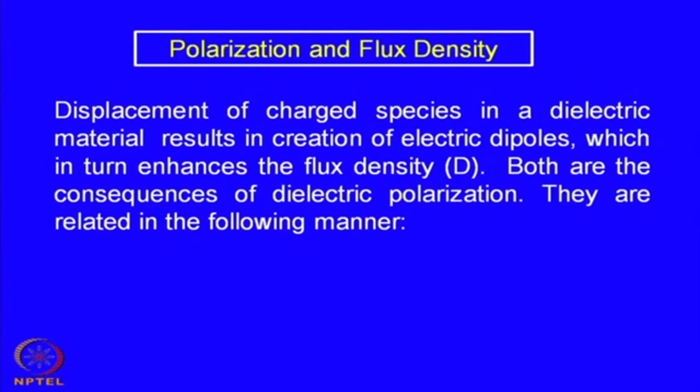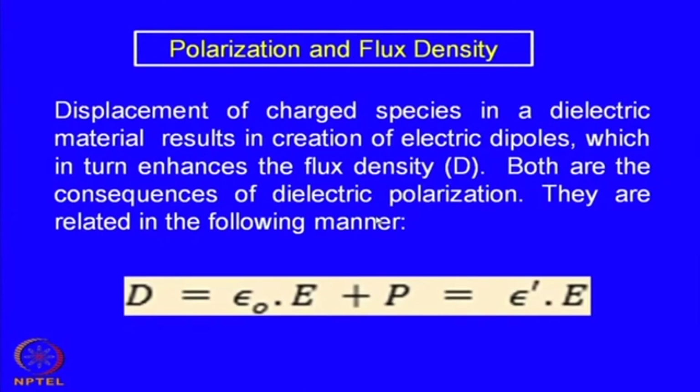So, they are related in the following manner. We have two terms, one is the polarization term and the other is the dielectric displacement or flux density. How are they related?